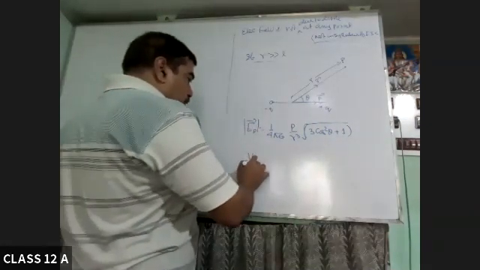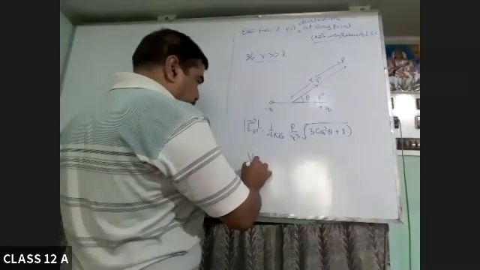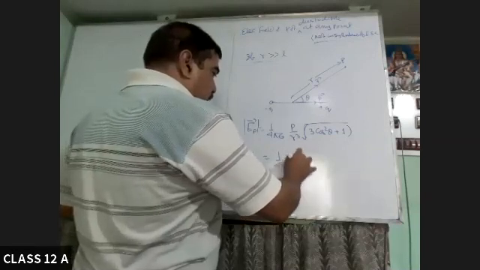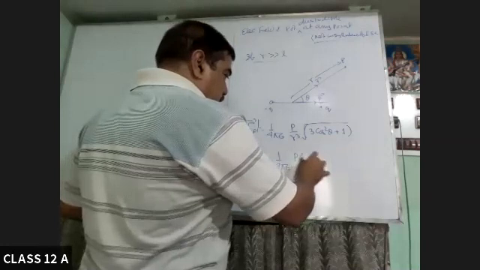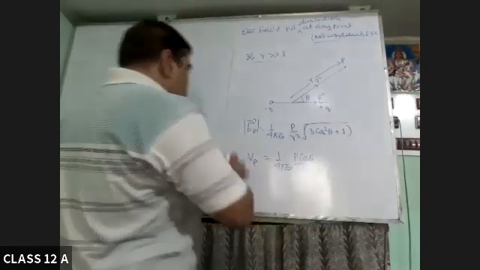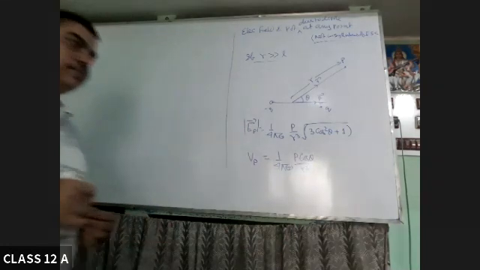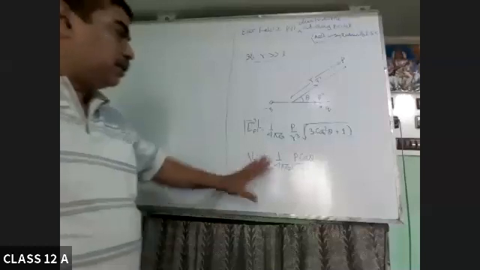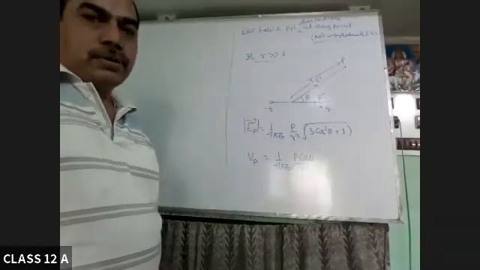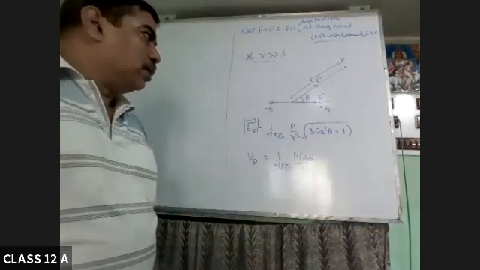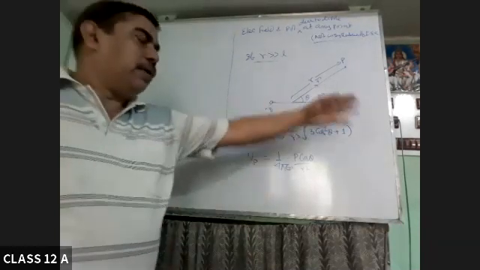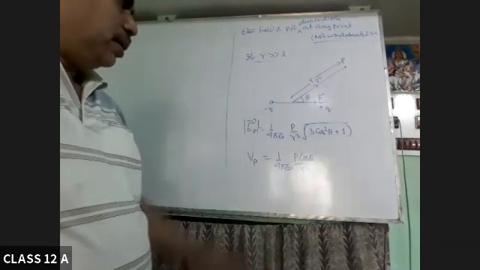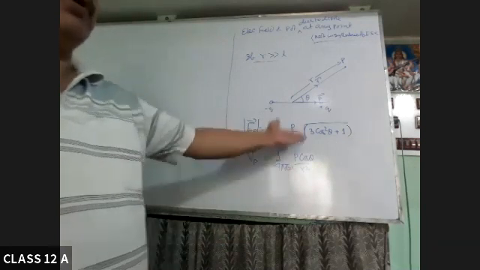And the potential at any point will become 1 by 4 pi epsilon naught P cos theta over R squared. This is valid only for this situation. Just now we got, when theta is 0 degrees, the electric potential at any point on the axis is 1 by 4 pi epsilon naught P over R square.